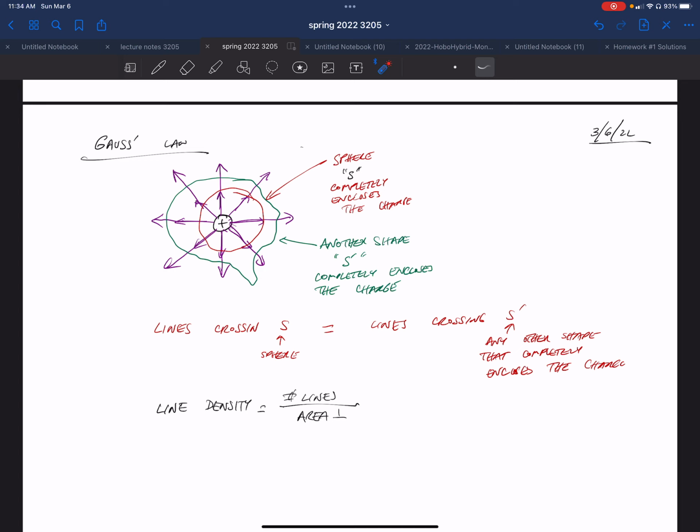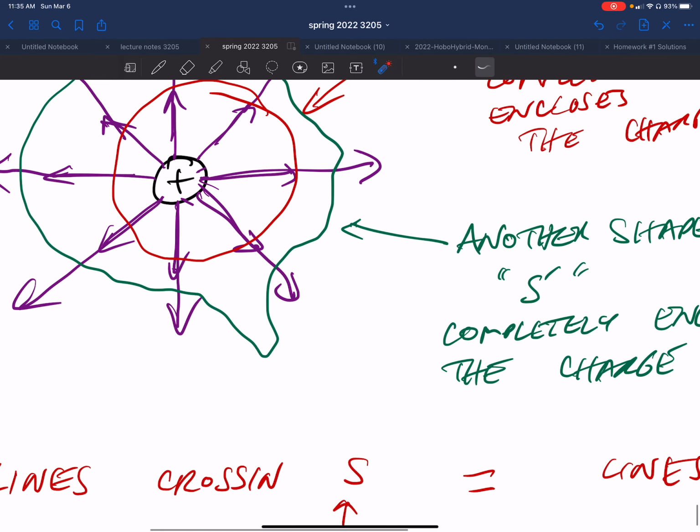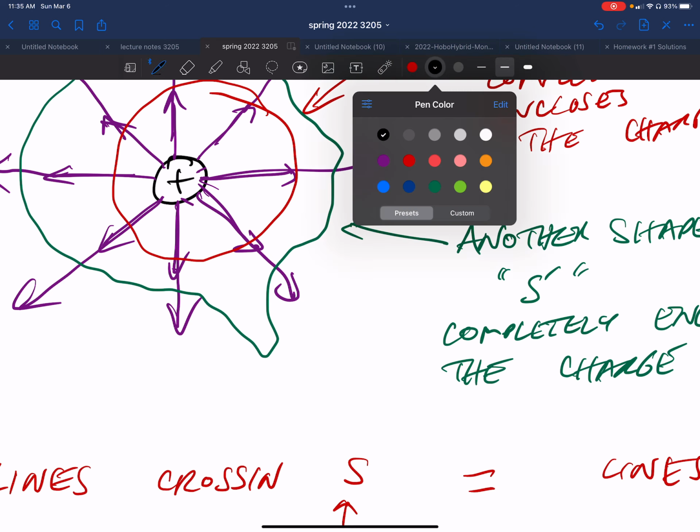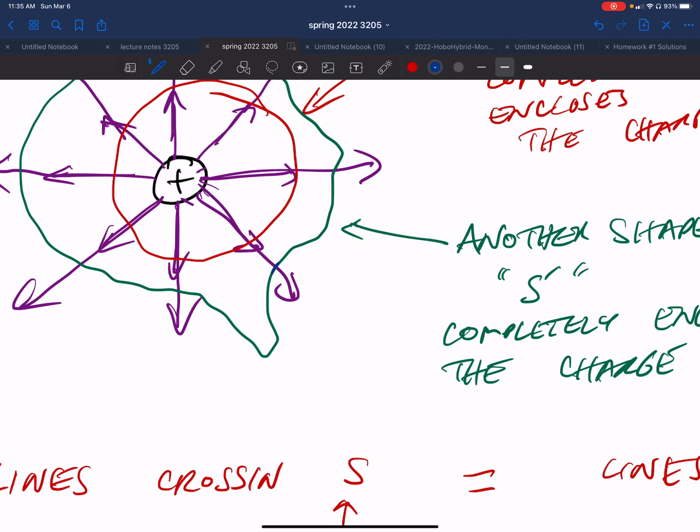lines of force. For example, if I look at this point here on this funky shape, if I go down here, I didn't draw it very well, but use your imagination, you can see that this is not a perpendicular area.